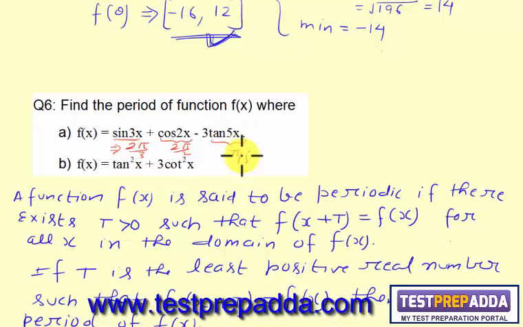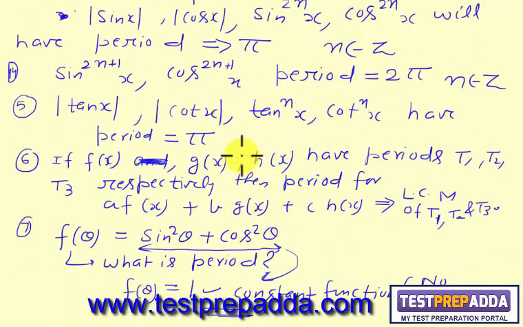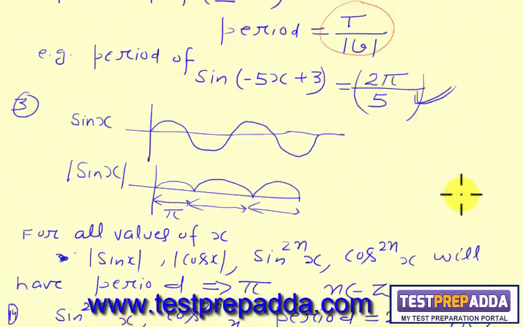And we have learnt in point number 6 that if more than one function is added or subtracted, the period for the final function is found with the help of LCM of all periods.